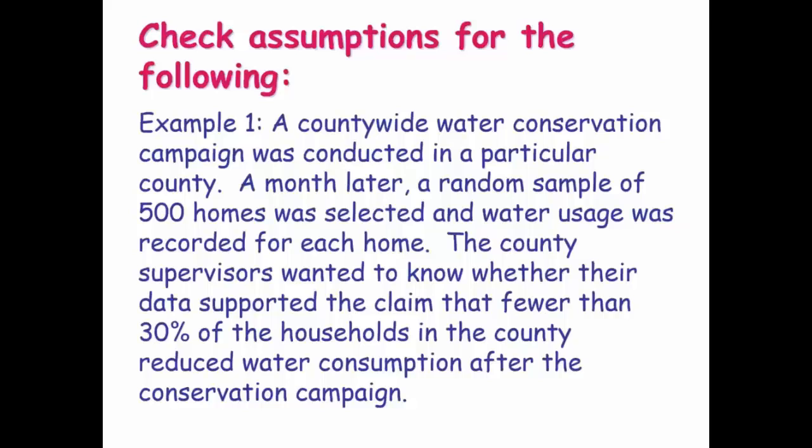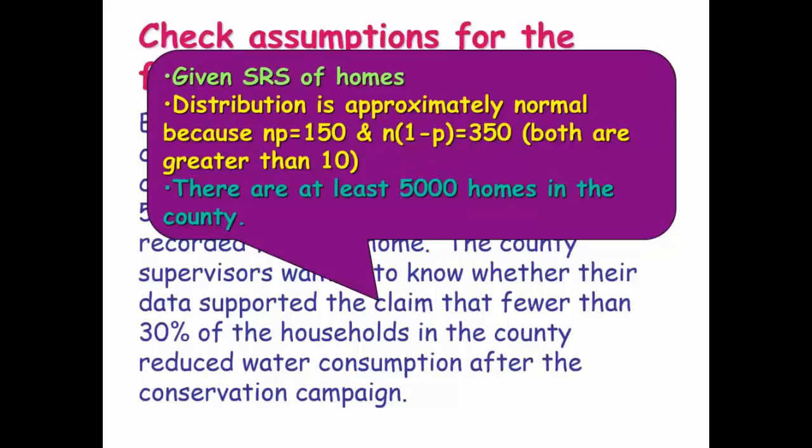So n would be 500, p would be 30%, and so I just need to double check that np, so 500 times 30%, is at least 10, and then n times 1 minus p, so n times 70%, is at least bigger than 10, and they both are. And is it safe to assume that in any given county, if I have a sample of 500 homes, then there should be at least 5,000? That's a fairly safe connection there.